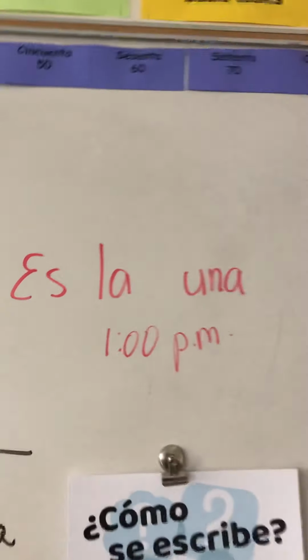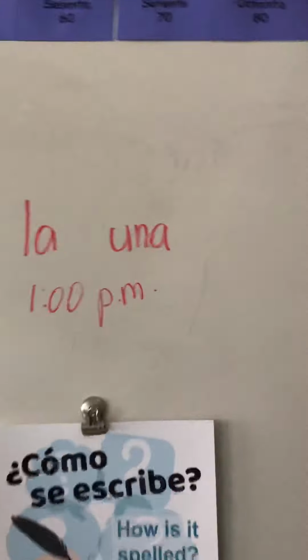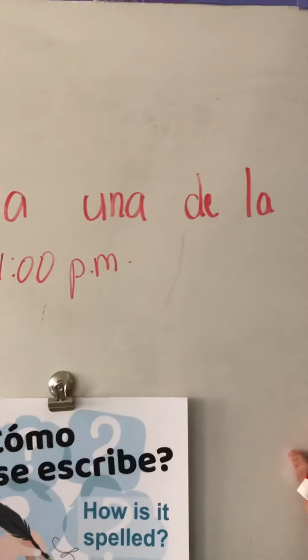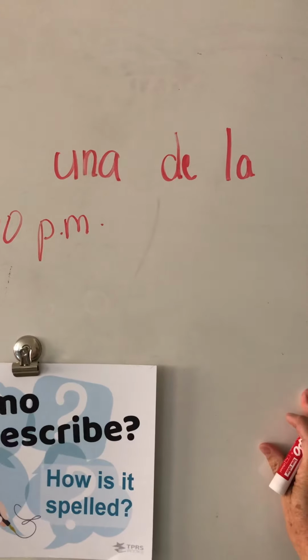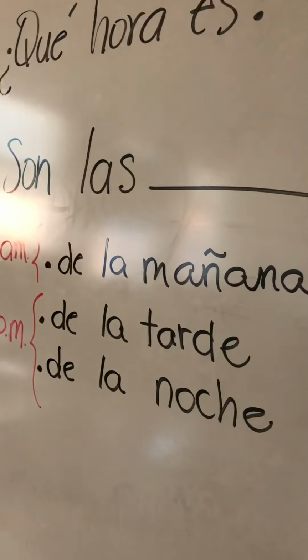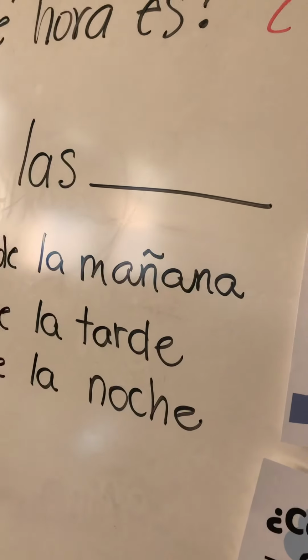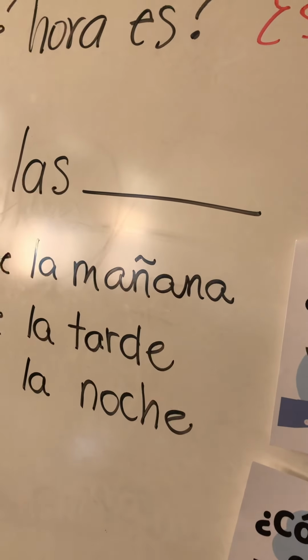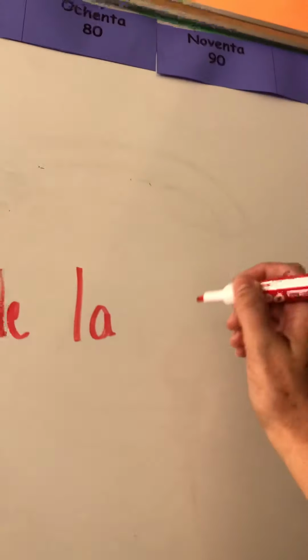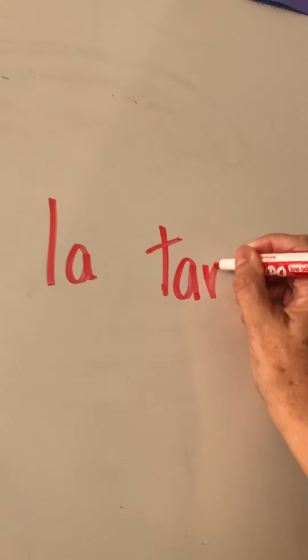So if I want to say it's 1 p.m., I would say es la una de la tarde, mañana o noche? Tarde. It's in the afternoon, so it would be de la tarde, yes.